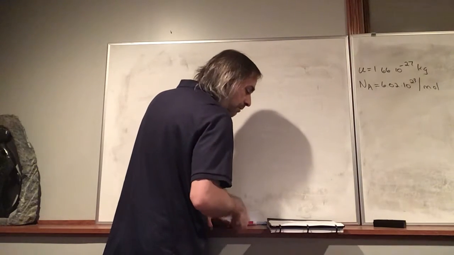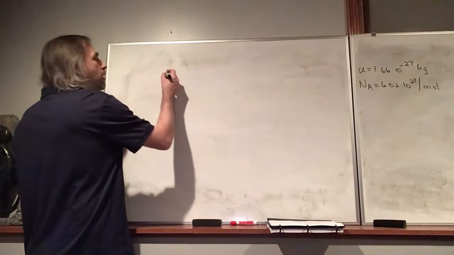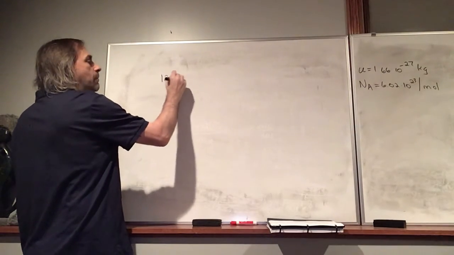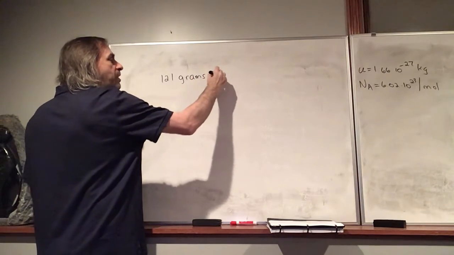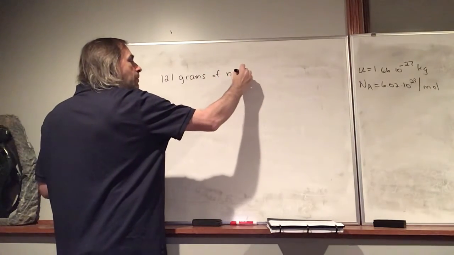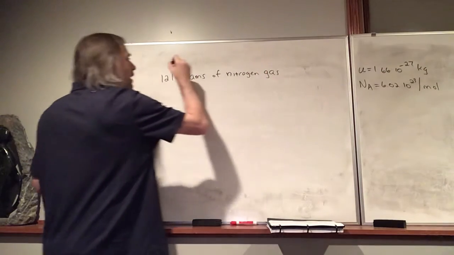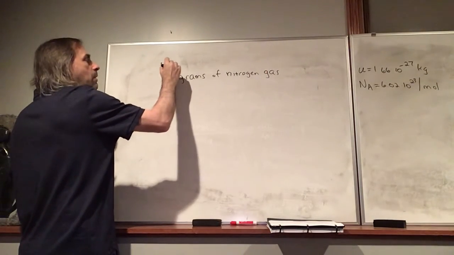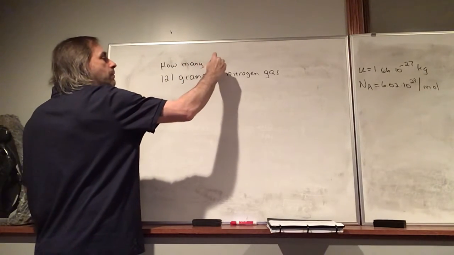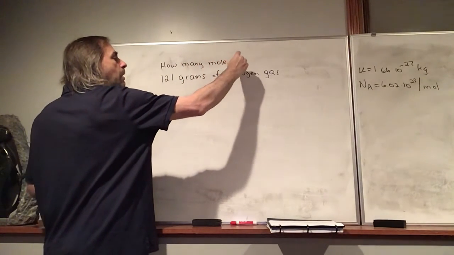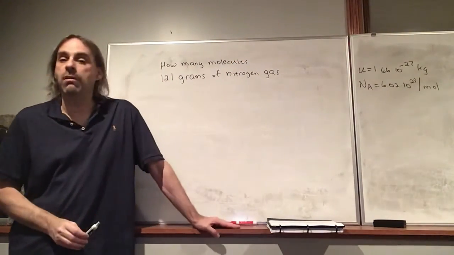here's an example from the book. How many molecules in 121 grams of nitrogen gas? So, how many molecules? Now, I wanted to do this example because it's something you could easily overlook.